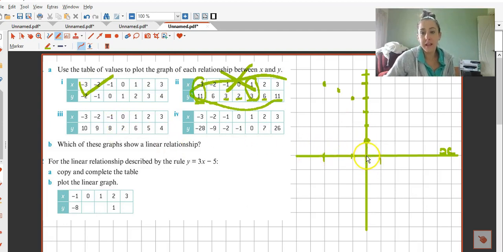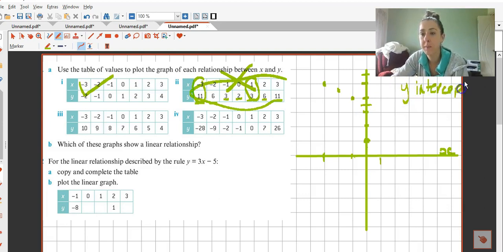Where my x is equal to 0, my y is equal to 7. So that's my y-intercept. That's where my line crosses over my y-axis. That's important. Remember that. All they've done is just plugged in where x equals 0.